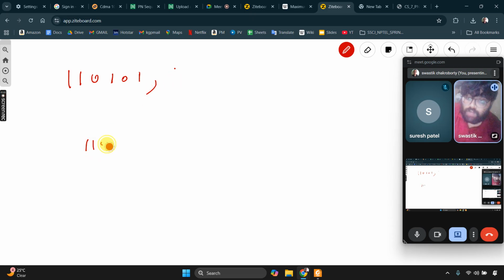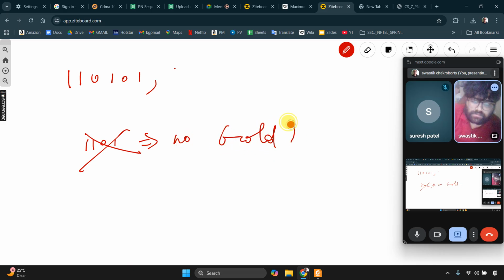So 1101 cannot give you a Gold sequence because 1101 won't have a preferred pair. It has to be non-modulo 4. Why not modulo 4? For that you have to find the original paper by Gold and Kasami, and there you will find the derivation, but that is way beyond the scope of our text.